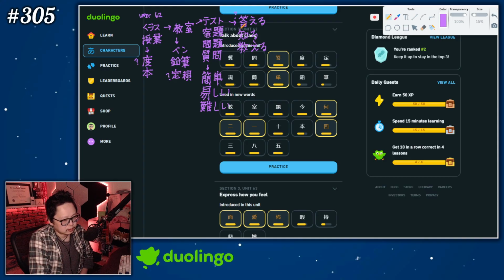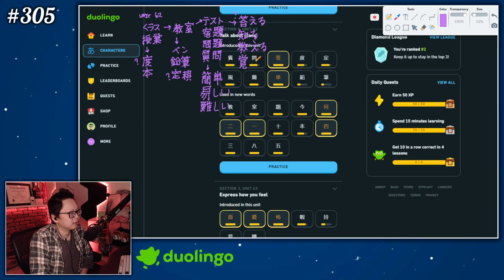Oboeru. No, oboeru is remember. That's actually another one. Oboeru, to memorize. Which is funny because today I just learned that oboeru is not using the same crown part, the top part, as the traditional.